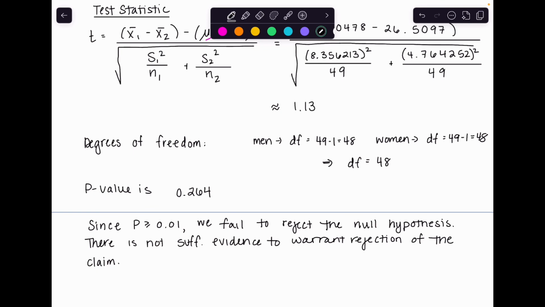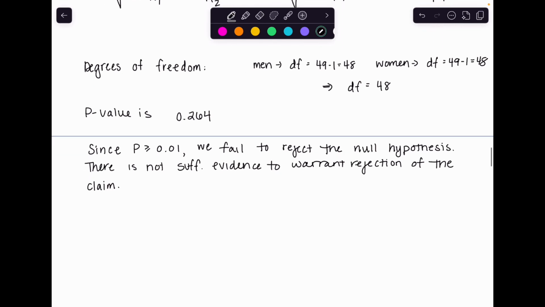So that's using our p-value, but again, I have to use an online calculator for this method. I cannot use a table. So instead, if I have to do this by hand, I'm gonna use the critical value method instead. So I'm gonna show you how to do that one as well.